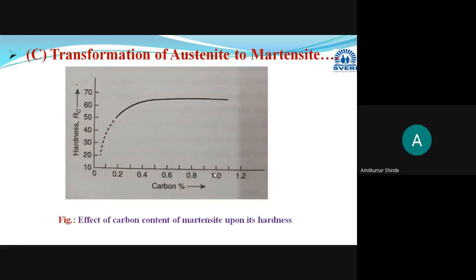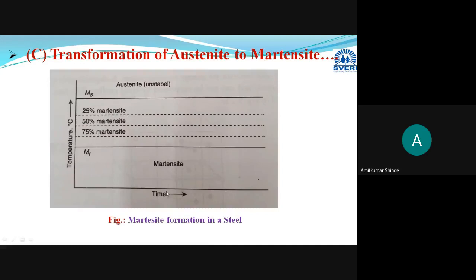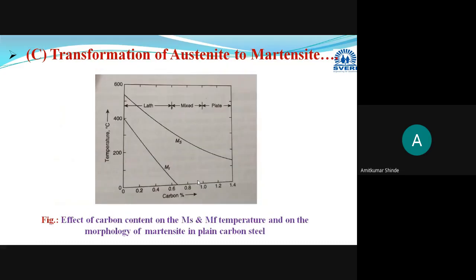Then, the martensite we get at room temperature or below room temperature will in some cases have different types, depending on the carbon percentage: lath martensite, mixed martensite, and plate martensite.